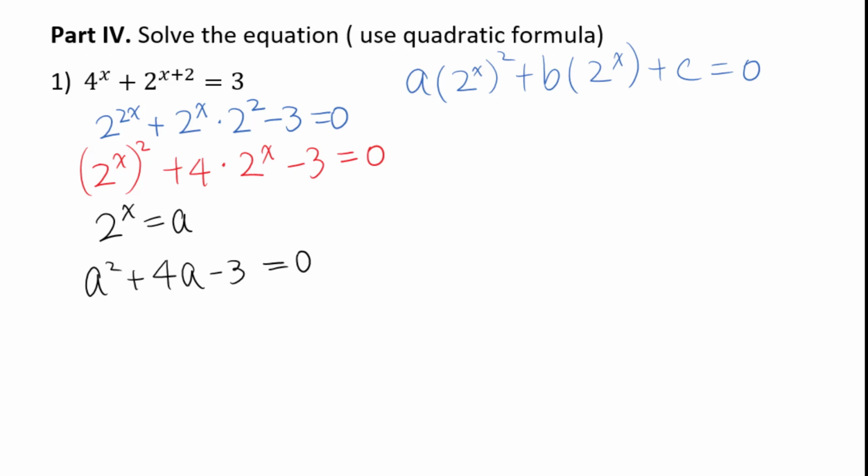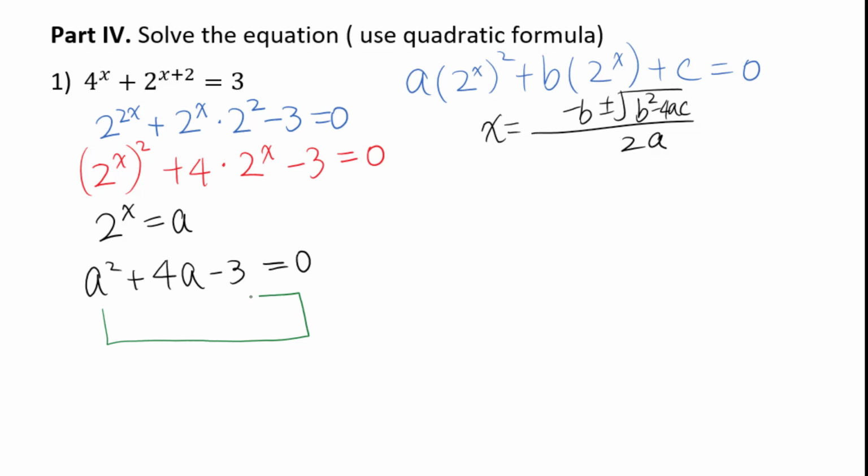We cannot factor this quadratic equation. So we will use x equals negative b plus or minus square root of b squared minus 4ac over 2a to solve this quadratic equation.